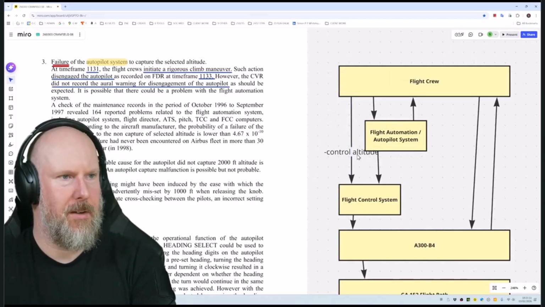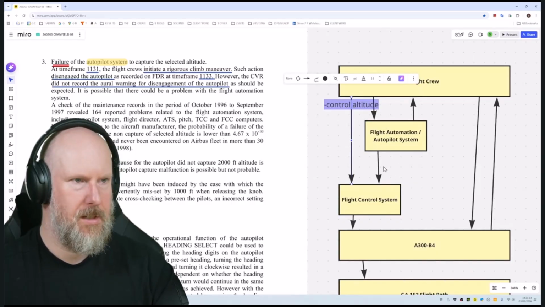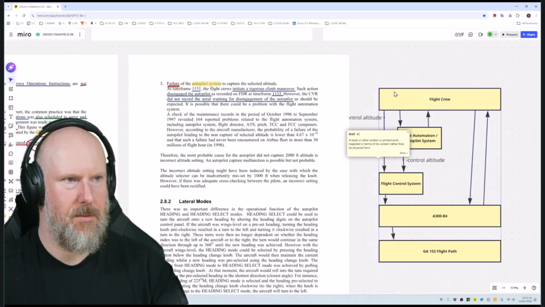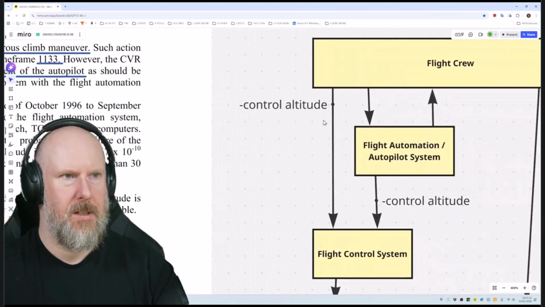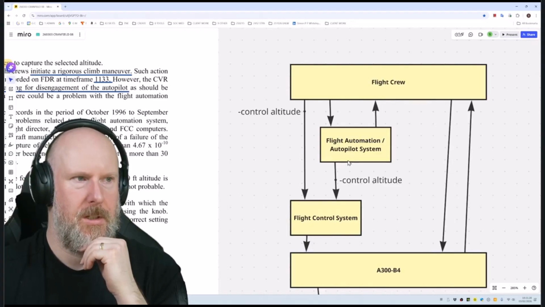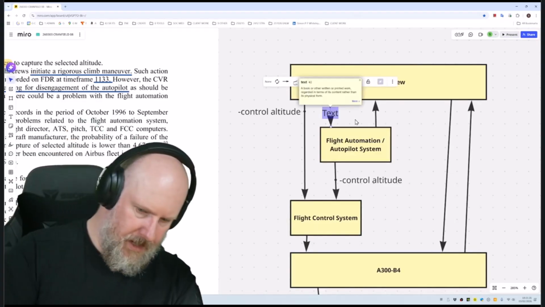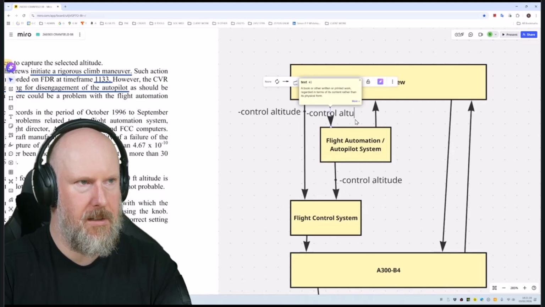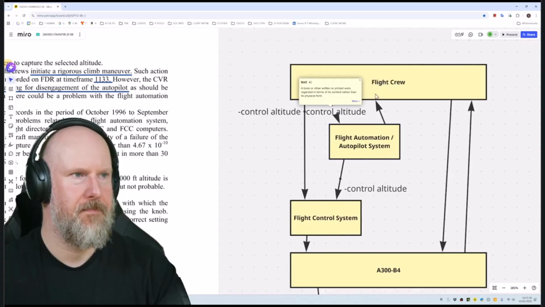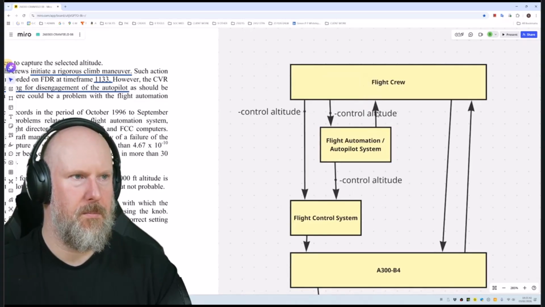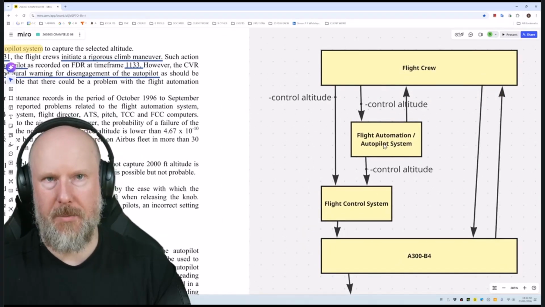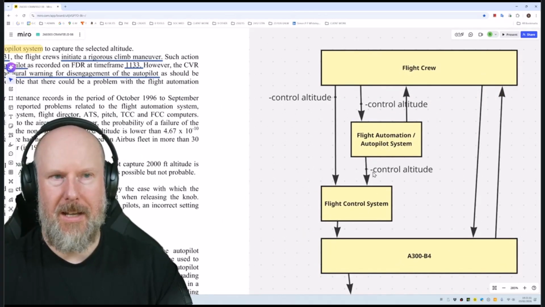The autopilot controls altitude as well. In fact, let me just move these to the right a bit. There we go, so you can see that. So the pilots control the altitude using the actual control yoke, but they also control altitude using the flight automation, so the autopilot system. And then of course the flight autopilot system, that controls altitude.